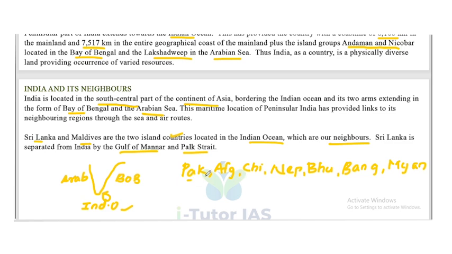Okay, so 1, 2, 3, 4, 5, 6 and 7. So 7 countries share a land boundary with India.